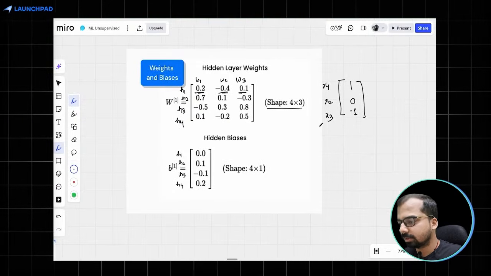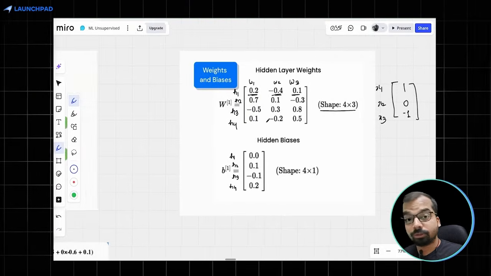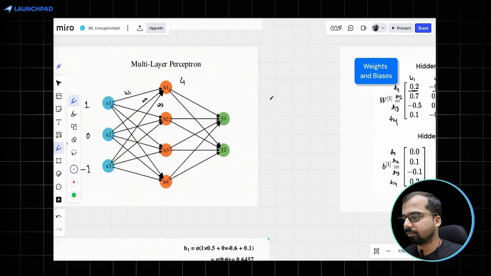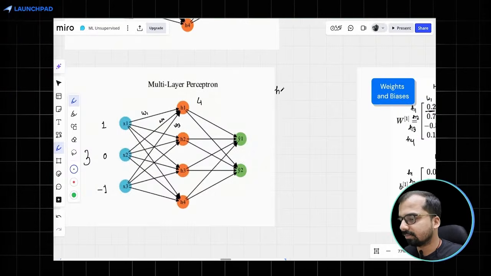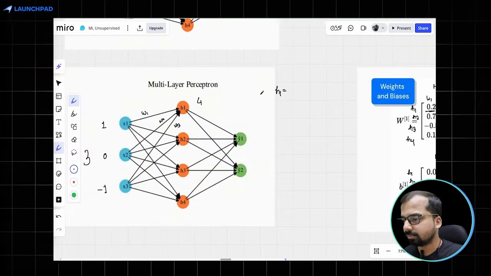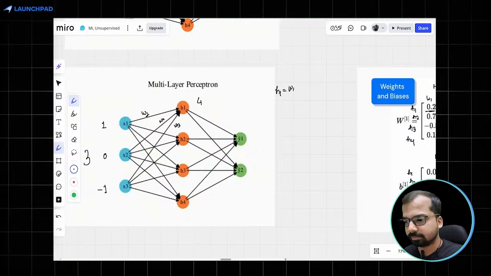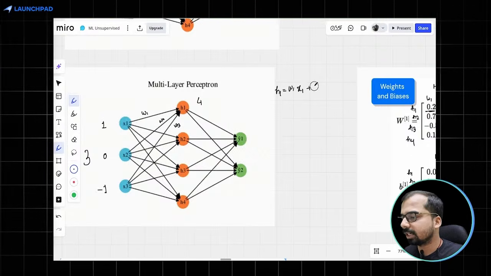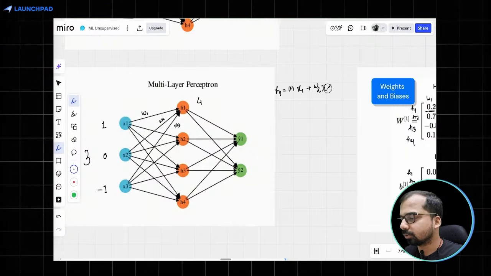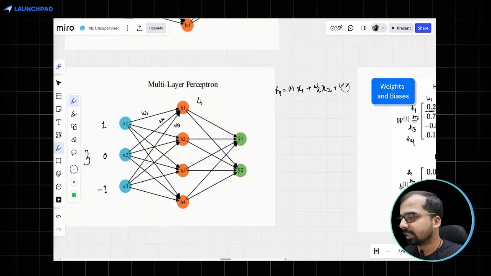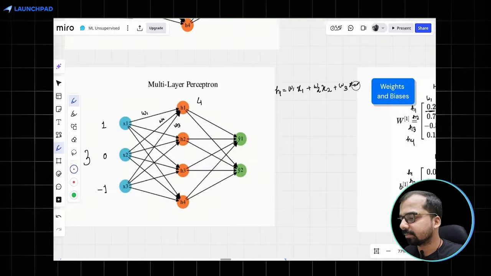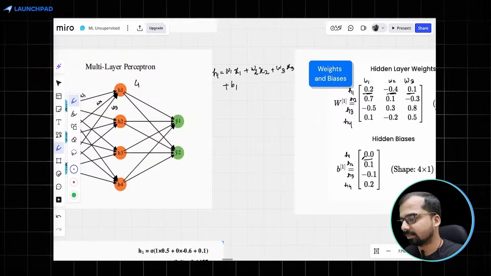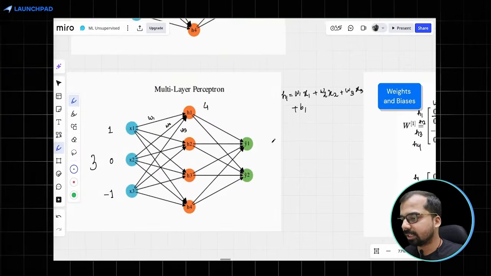And now let me show you the calculation for, let's say, the H1 node. For the H1 node, the weighted sum would be W1 into X1 plus W2 into X2 plus W3 into X3 plus bias 1. This is the bias 1, right? So let's do the computation.